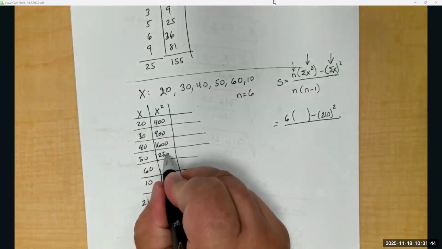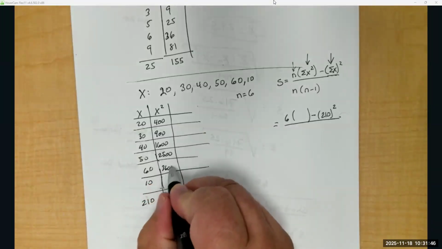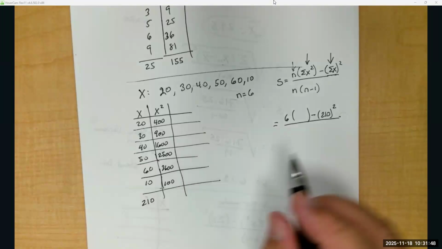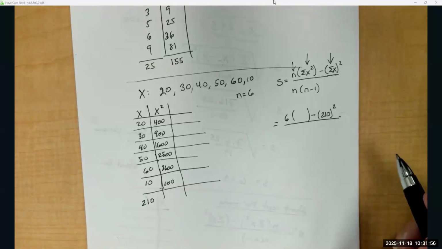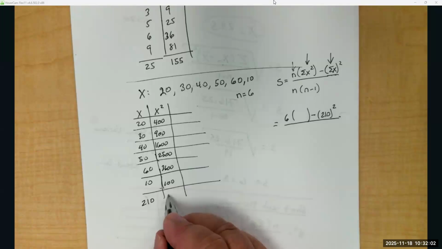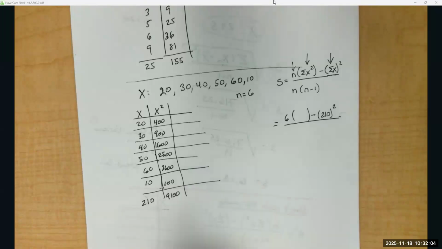100, 400, 900, 1,600, 2,500, 3,600. Is it 9,100? You guys should be using calculators and stuff.